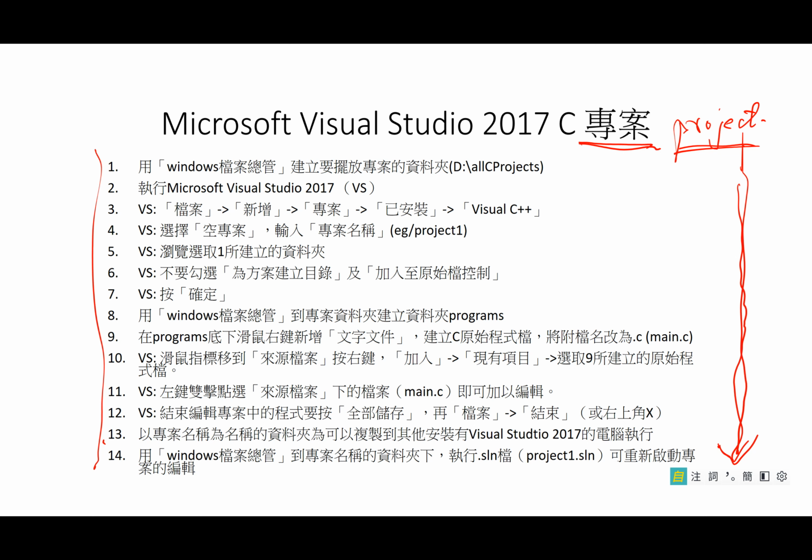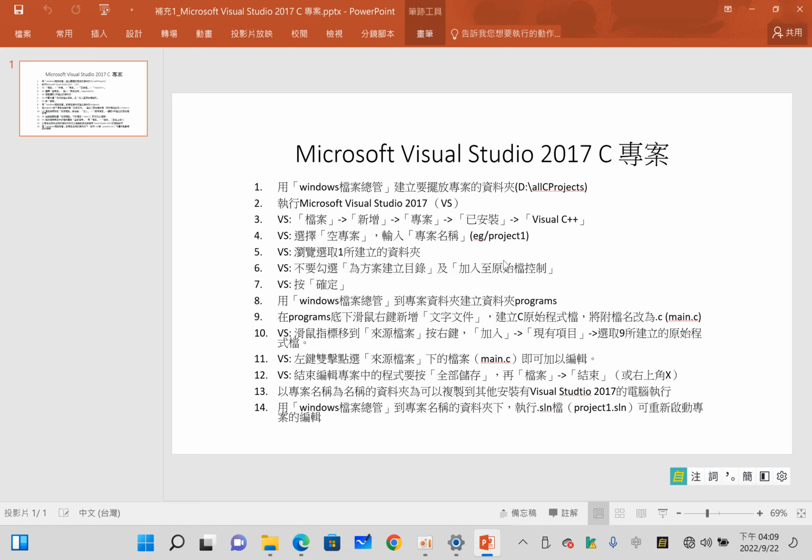If you did not put your program in this way, you might have difficulty moving your program to a different computer, even if it's also a Wintel system. Okay, let's follow this instruction and I will demonstrate how to build a Visual Studio project.